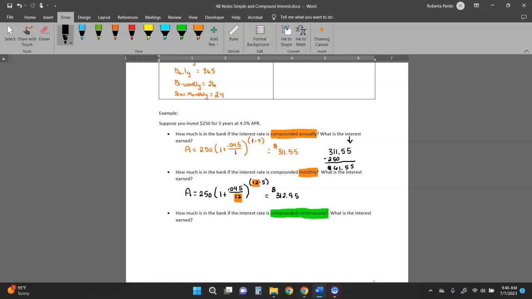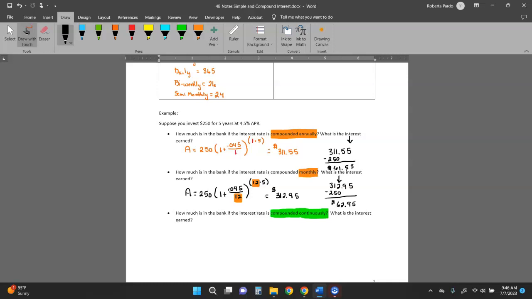And again, the amount of interest earned is going to be $312.95 minus our $250. So this time we're earning $62.95, so a little bit more, because the more times you compound, the more money we're making.